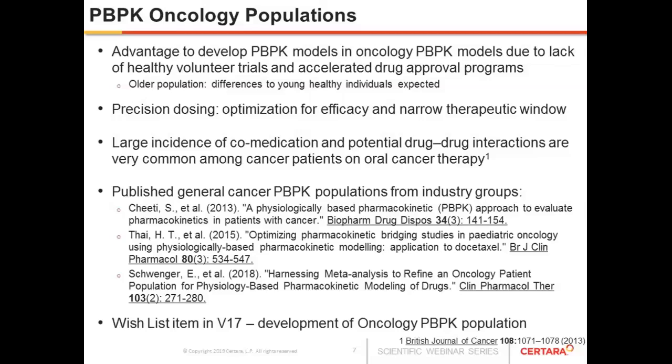So we have data sets from Genentech and Sanofi, and then the final publication is from a group at AstraZeneca. This interest became very influential in getting it voted in as a wish list item for development within the Simcyp simulator, and in version 17, it was the project involved in creating this new cancer population.